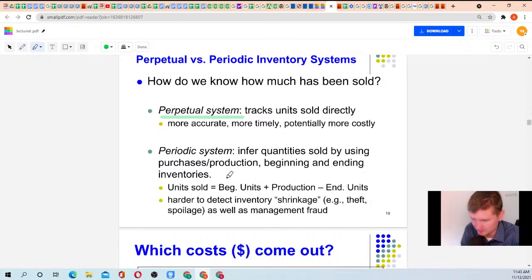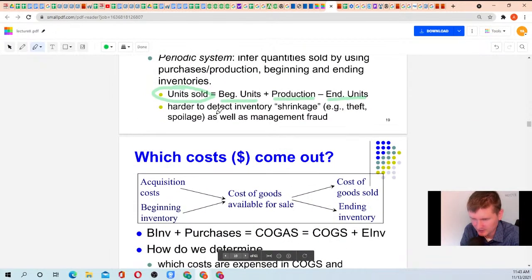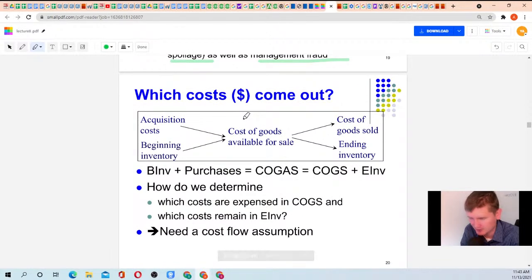So we calculate what we have on hand, and then retrospectively look at how much we sold. So beginning plus production minus ending, and we get what we sold. Or we just count what we sold. But in that case, we have a problem with shrinkage, theft, spoilage, management fraud. So that's not a perfect system either.